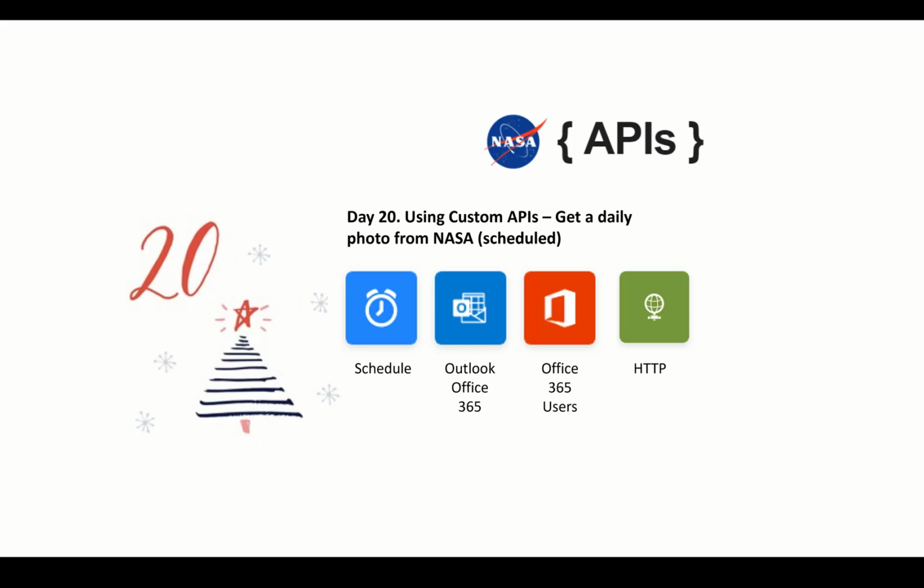The three standard connectors I'm going to use are Schedule, Outlook, Office 365. I will also show you the option for using Mail. Both work. Office 365 Users is where I get all my profile information. And finally, we have one premium connector, and that is HTTP. As you get to work with custom APIs, you will see why HTTP is premium.